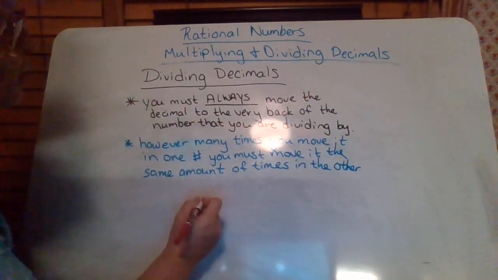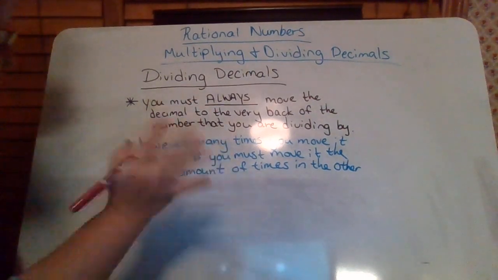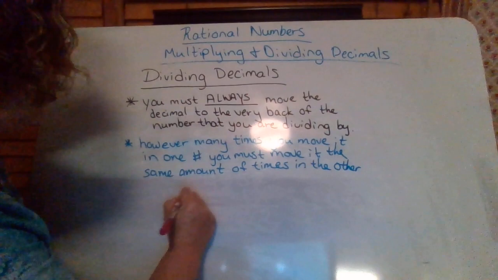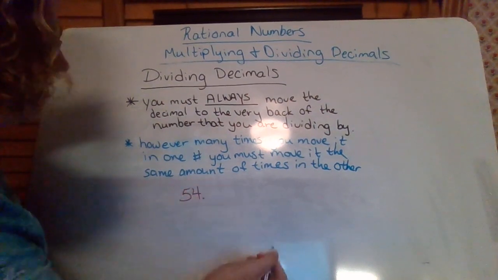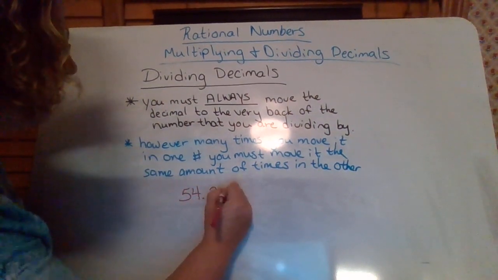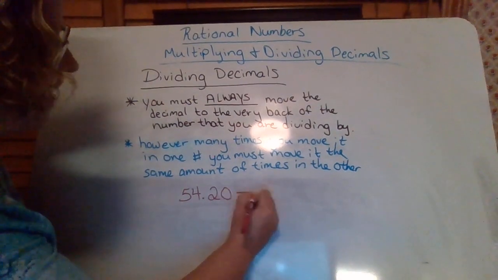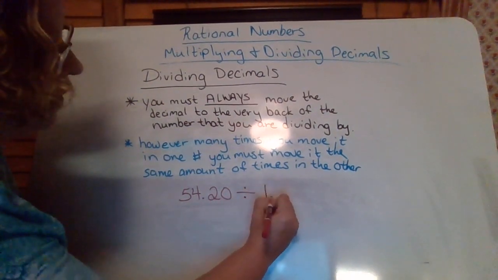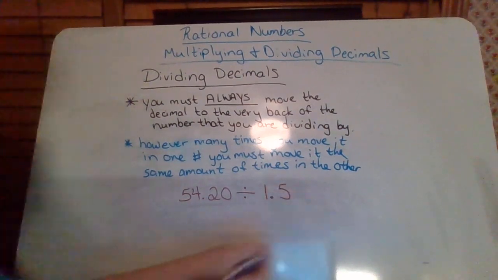All right. So, if I were to give you this, if I said 54.20 divided by 1.5.